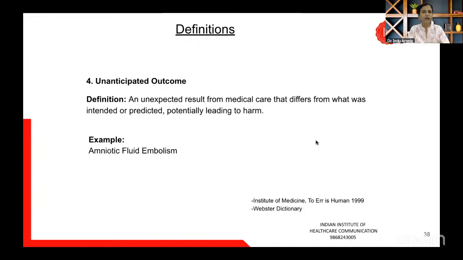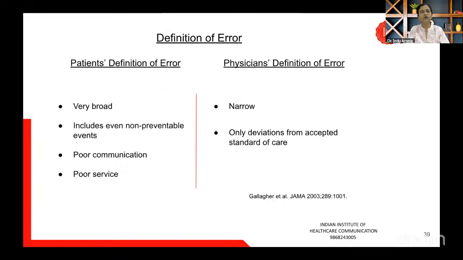So according to us, all these four definitions are different. But if you look at it from the patient's point of view, the patient's definition of error is very broad. They will consider all of these, complication, unanticipated outcome, actual error or omission, as a kind of error, according to the patient and patient party.